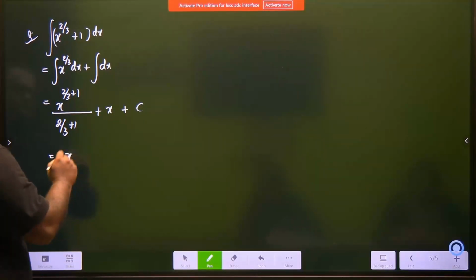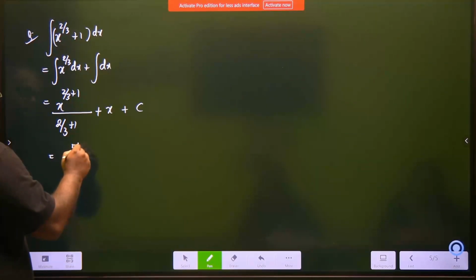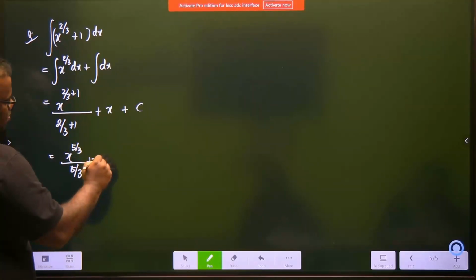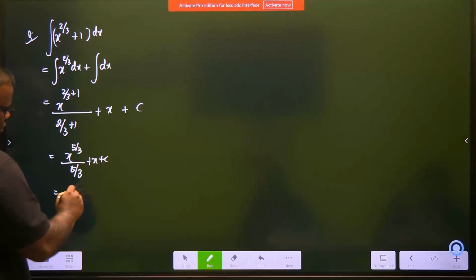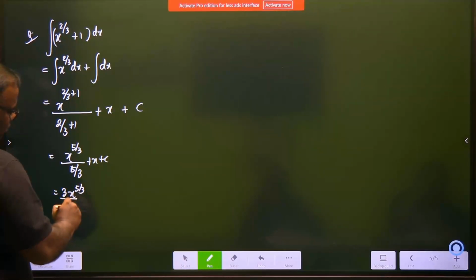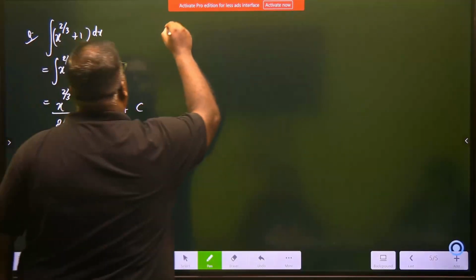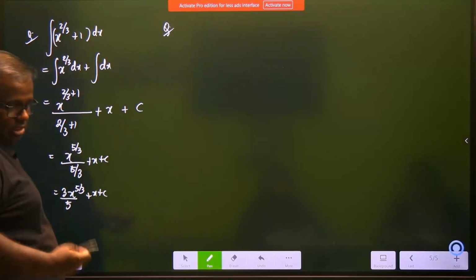X to the power 5 by 3 divided by 5 by 3 plus x plus c. So it becomes x to the power 5 by 3, so this becomes 3 by 5, है ना? Plus x plus c. Getting little bit hang of the thing? Thora thora. Next one.